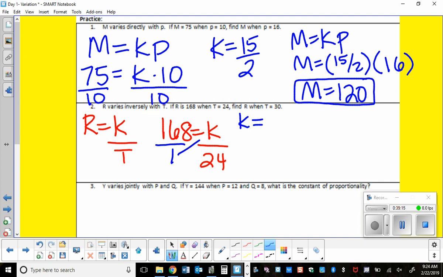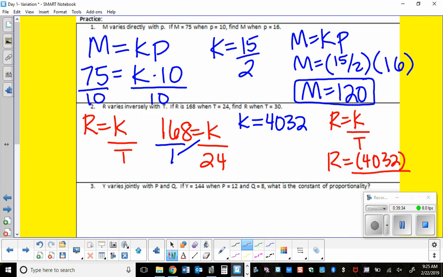I got 4,032. You see what you did there? So if I keep my same equation of R equals K divided by T, it says find R when T is 30. So divide 4,032 by 30. Did you guys get 134.4?